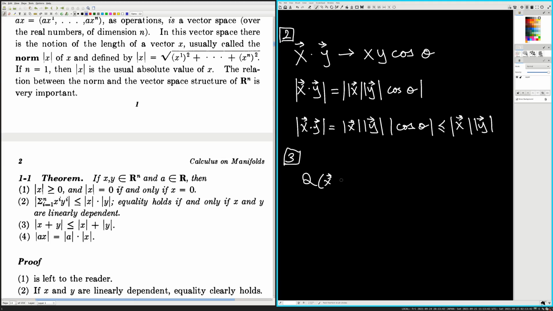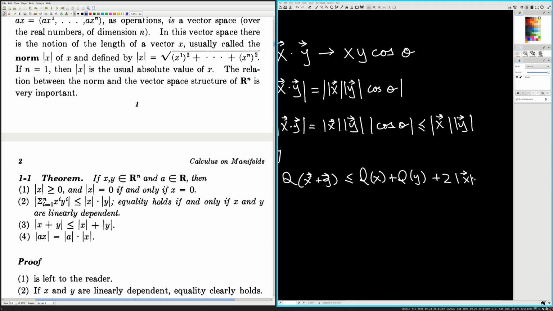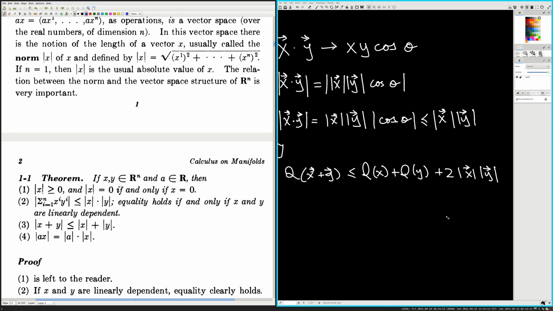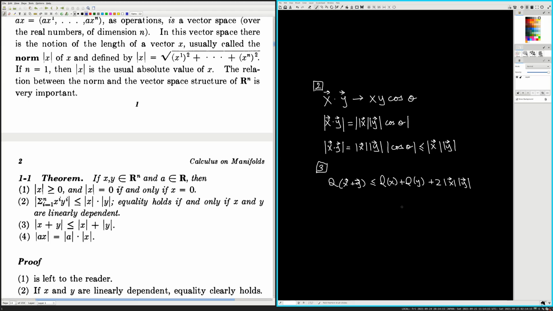The square of the norm of x plus y is less than or equal to, if we can prove this statement, then the other statement is true, the square of the norm of x plus the square of the norm of y plus 2 times the absolute value of x, because the square is the length squared, times the length of y. And this is just the binomial theorem, because I just squared both sides of that. So these two statements are equivalent.